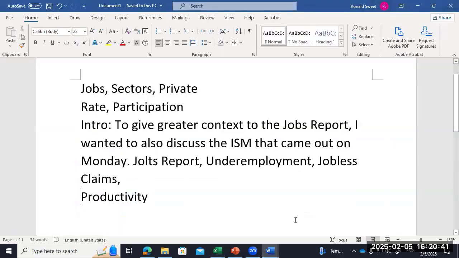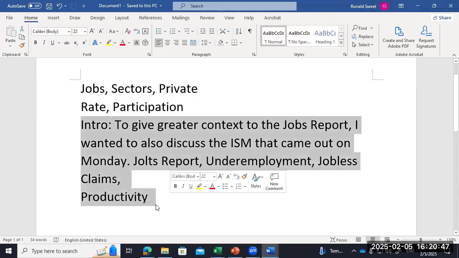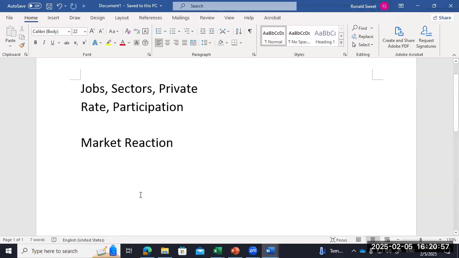You've got to pick what you want to talk about. But if you're going to talk about any of these things, make sure you set them up. Why are you talking about them? Why are you putting them on paper about jobs reports? Then you start to talk about the market. And you have to talk about the S&P 500 and the 10-year Treasury.